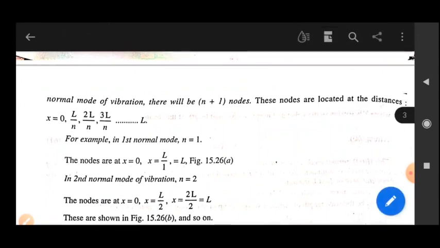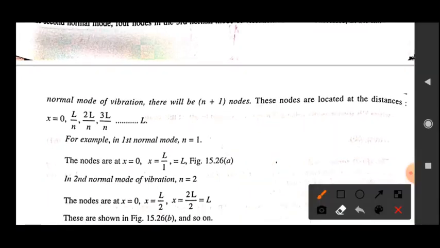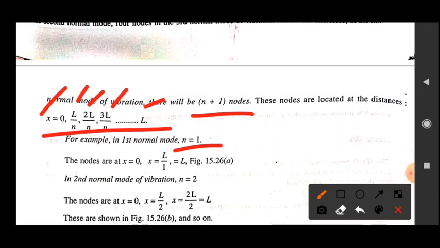So now you can see these n plus 1 nodes, and these nodes are located at distances starting from x equal to 0, then L by n, 2L by n, 3L by n, and so on up to L. For example, in the first normal mode where n is equal to 1, nodes are at x equal to 0 and L by n, that is L upon 1.